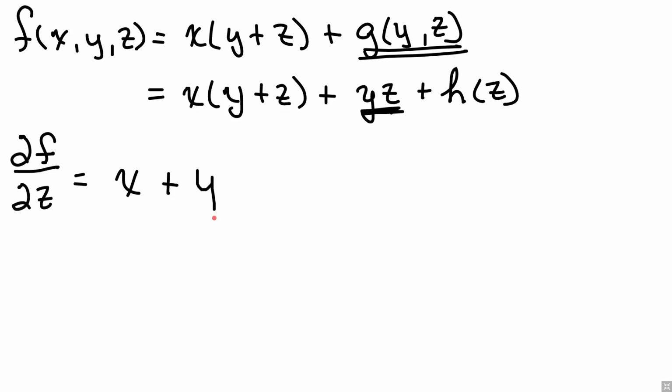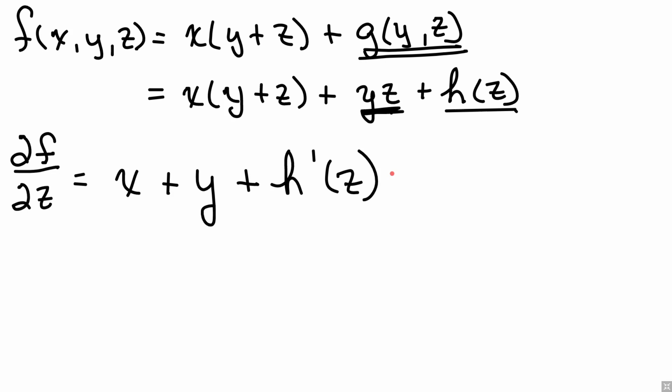It's just y. Plus, now, if I take the derivative of the, keep in mind, we use partials when there's more than one variable. Since it's down to a single variable, it's just going to be now a derivative. So we're going to end up with x plus y plus h prime of z.